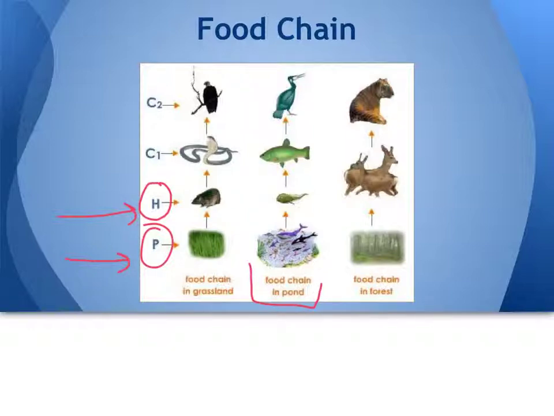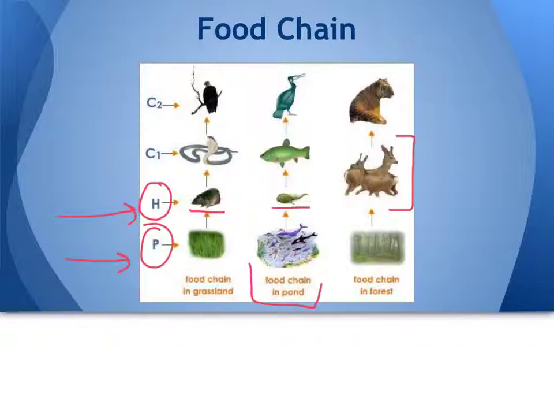Any herbivore, for example a mouse or a rat, a tadpole, or even zooplankton in an aquatic environment, and a lot of hooved animals that are grazers, like deer, would be considered herbivores or primary consumers.